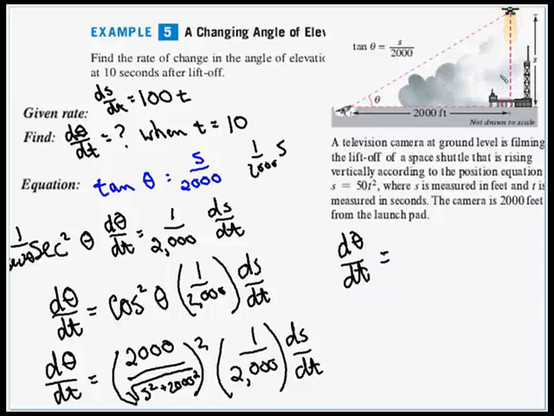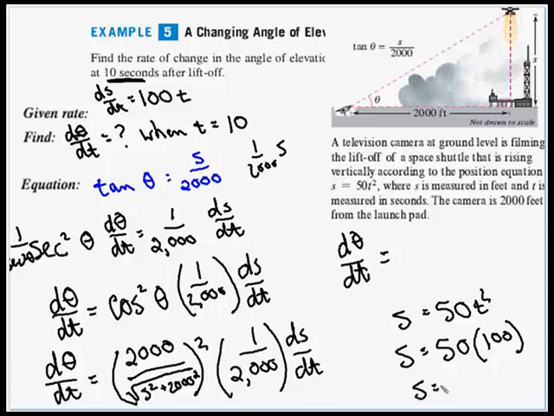When we are looking at a snapshot in time, the angle of elevation, back to the original problem, 10 seconds after liftoff. We have the side of that triangle s equals 50t squared. Well, then what is s after 10 seconds? For t, we plug in 10 and we square it. 10 times 10 is 100. 50 times 100 is 5,000.